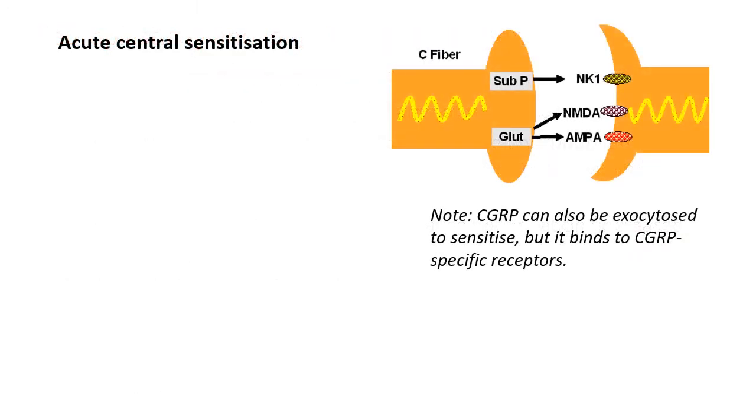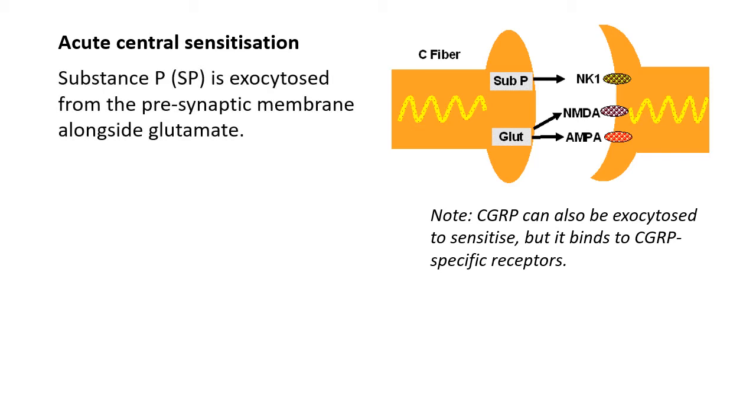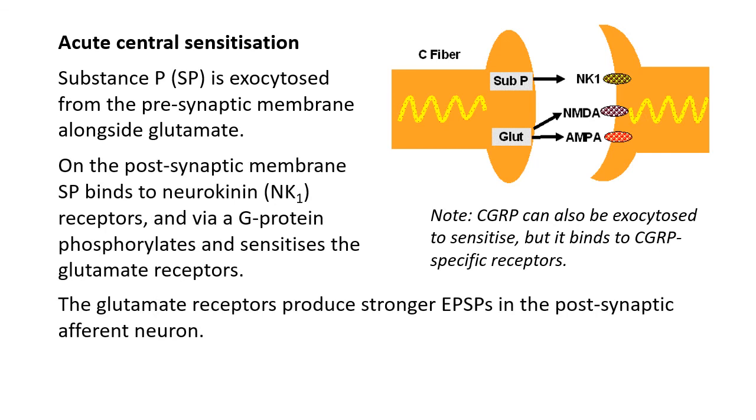Let's look at how substance P affects the synapses. C-fibre neurons exocytose substance P as well as glutamate into the synaptic cleft. While glutamate binds postsynaptically to AMPAs and NMDAs, substance P binds to NK1 receptors.